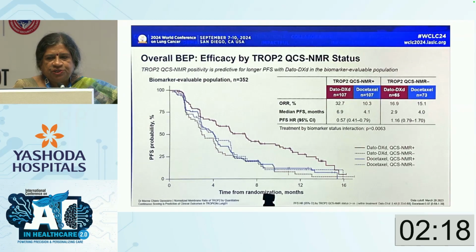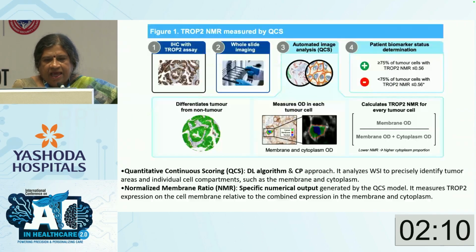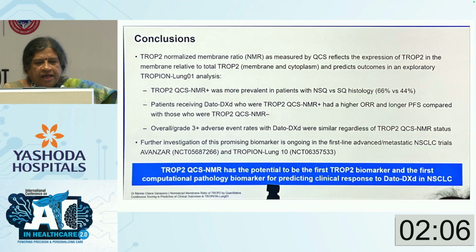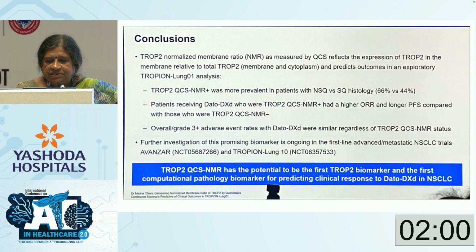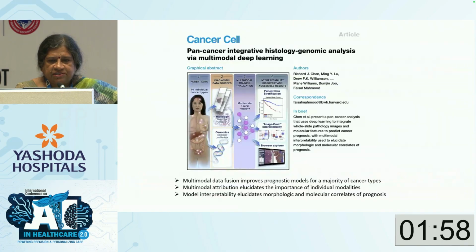And it has been shown that patients who are TROP2 positive respond better to antibody drug conjugate. And this is going to be the first computational pathology biomarker for predicting clinical response to Dato-DXd in non-small cell lung cancer.